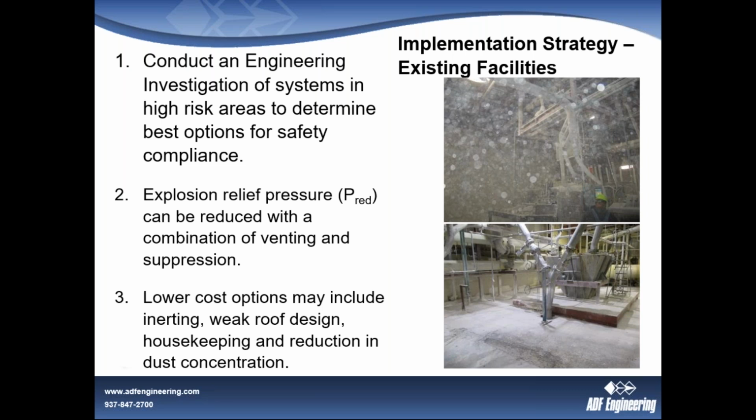There are other ways to get around some of these things. Inerting is another option that is out there. Ways to redesign silos and vessels so that you can create explosion relief with weak roof designs rather than adding panels to the side, these kinds of things.